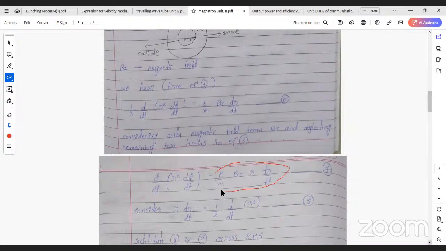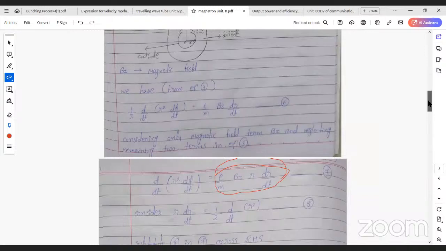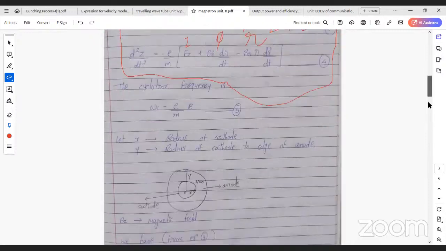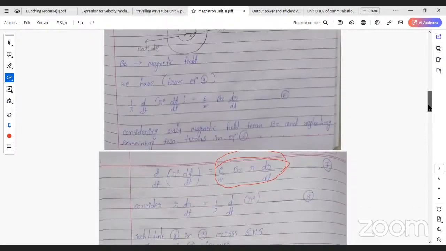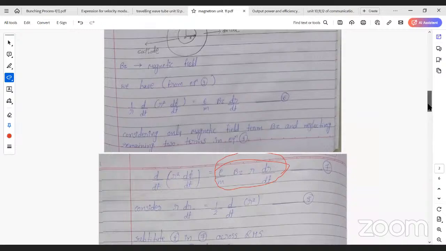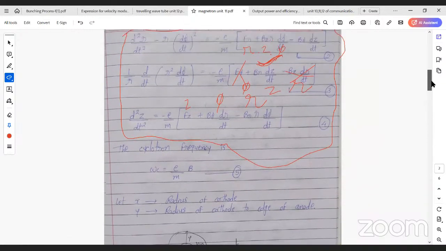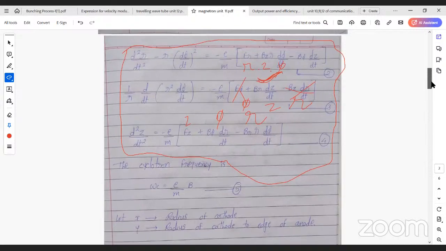From equation 3, I wrote this equation. What is equation 3 here? Equation 3 is 1 by r d by dt of r square d phi by dt, written as it is. After that, r is cross multiplied. On the RHS, I am taking br dz by dt.